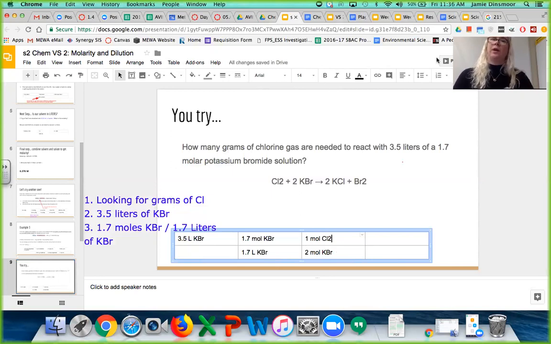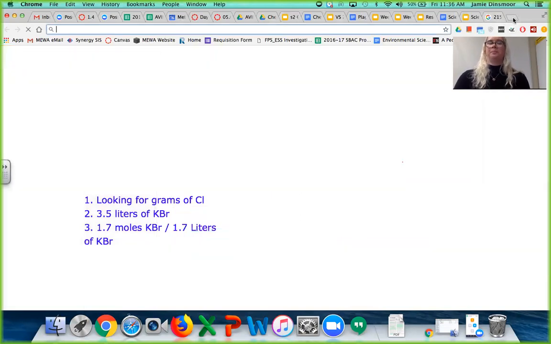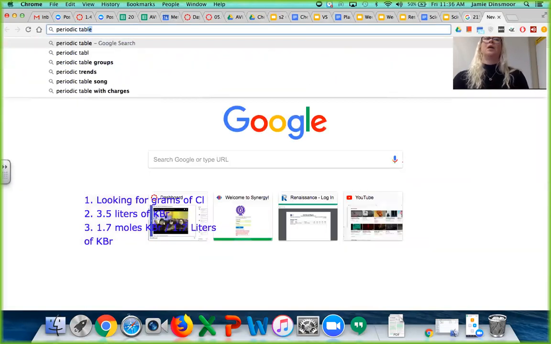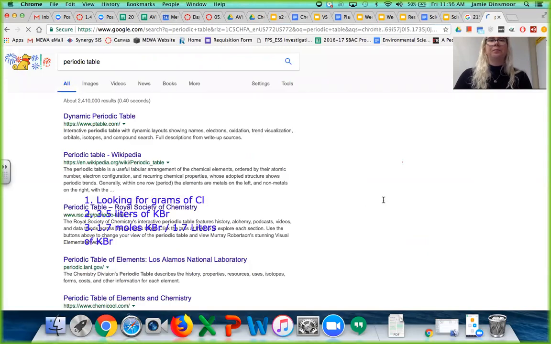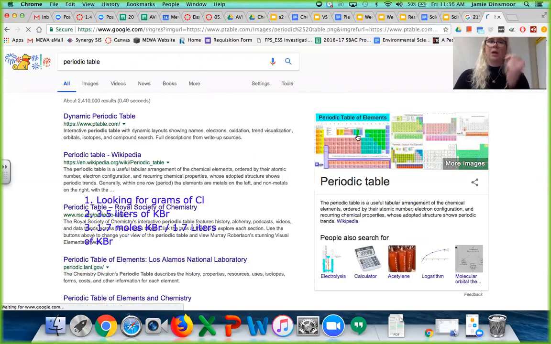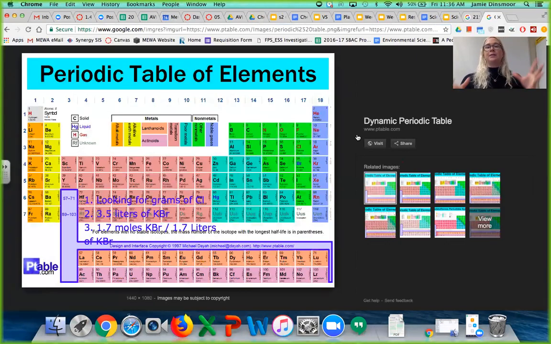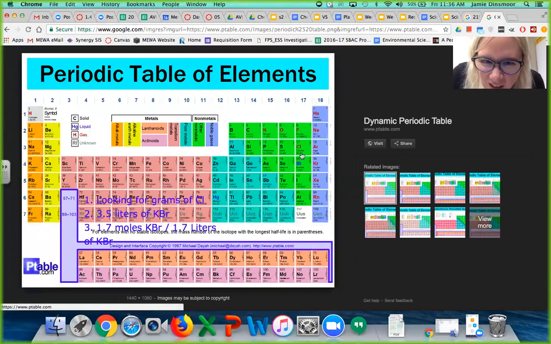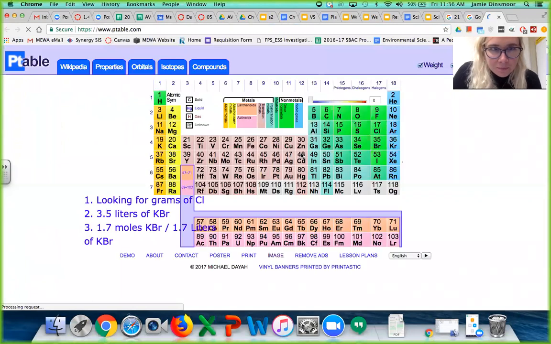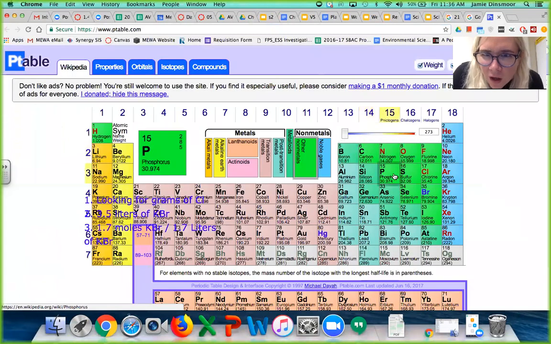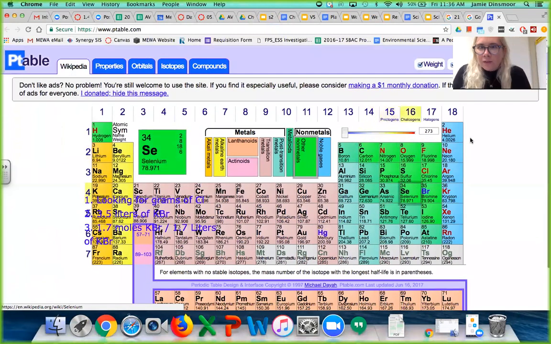So now this is when you would go to the periodic table to find the molar mass of chlorine. And remember, chlorine gas is 2 chlorine atoms put together. I can't see because of the chat. There we go. So chlorine's molar mass is 35.45.